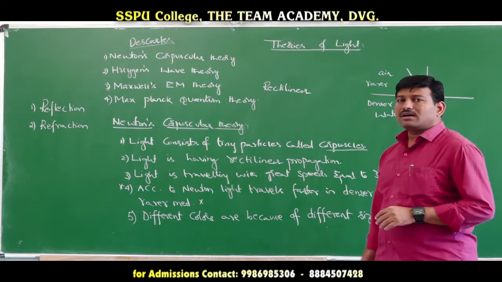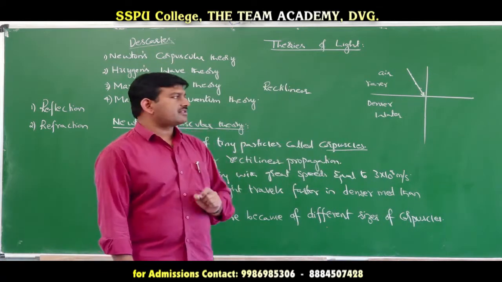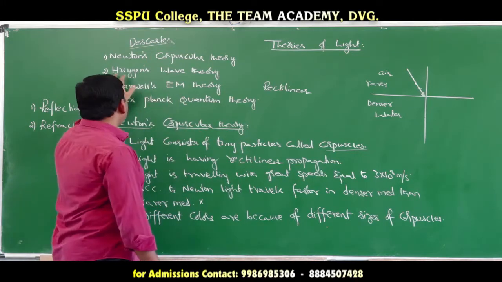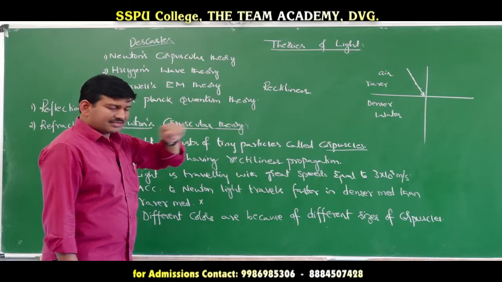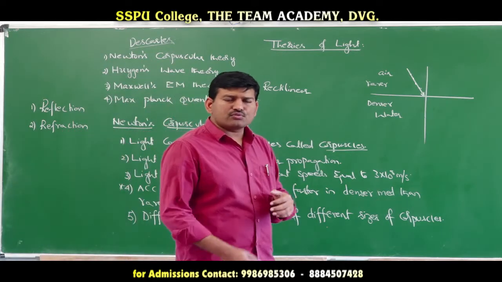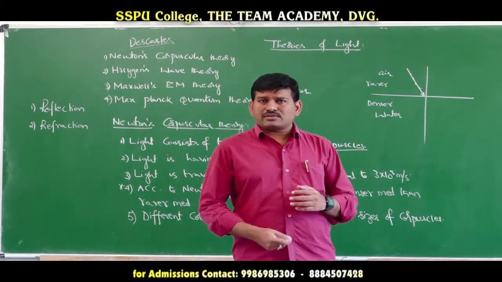Next is the Huygens wave theory. Christiaan Huygens is the one who introduced this wave theory. Even though Huygens was a contemporary of Newton, who lived almost at the same time, his theory was not accepted.